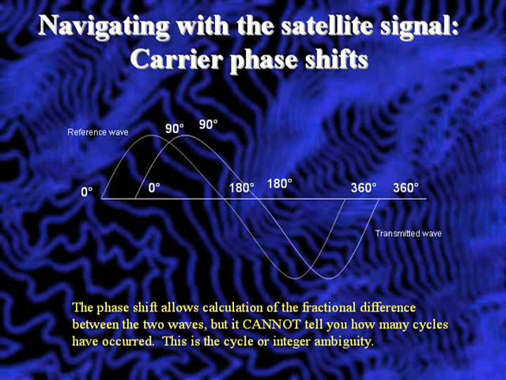But the way it works is basically you have those 19 centimeters long for the L1 carrier wave that you then try to match up in these different phase shifts. One of them is the receiver, the reference wave, and the other one is the transmitted one that actually went from the satellite to the receiver. Then you try to match it up. But you don't know which of these waves to actually match up, right?